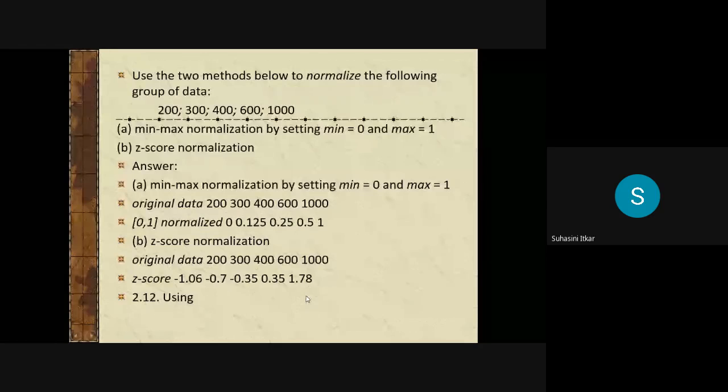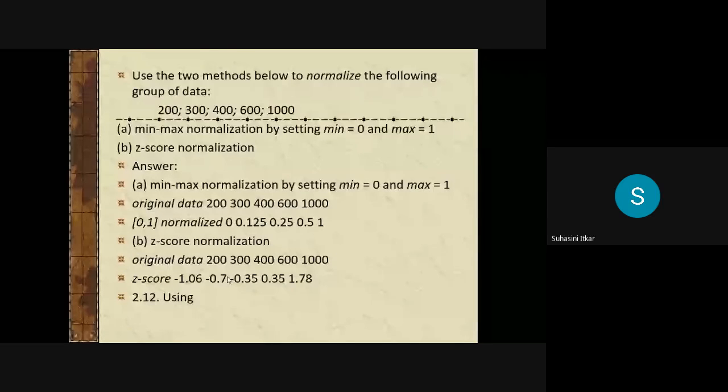Here you can see all the answers on the screen for all these data members. After calculating the mean value and the standard deviation, the answers are these. Minus 1.06 for 200, minus 0.7 is the normalized value for 300, and 1.78 is the normalized value for 1000.